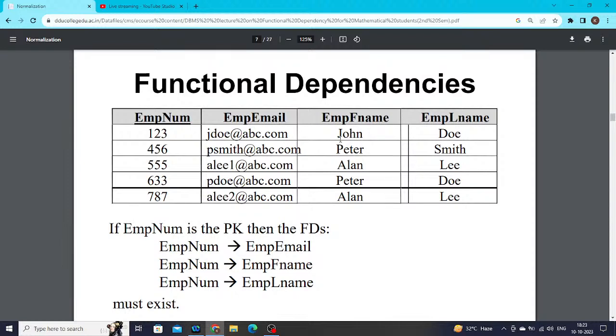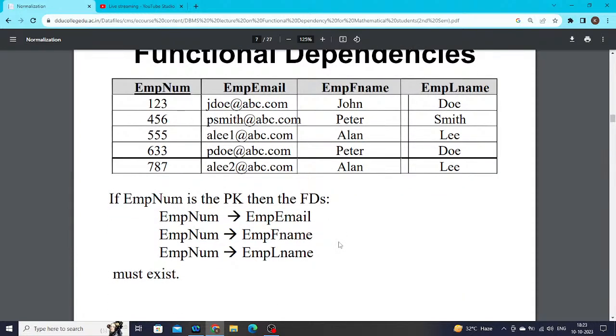There is, say, John, with a unique email ID, an employee number, and some employee name. Okay, so employee name is connected to employee email. Employee name is also connected to first name and last name. So that is your unique key, and it must exist. Okay, it means a primary ID should be there.